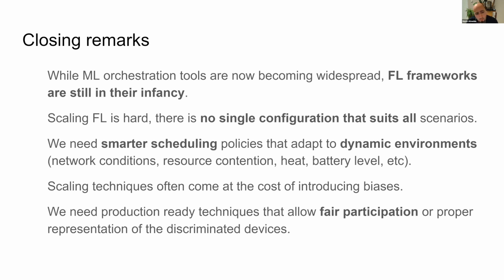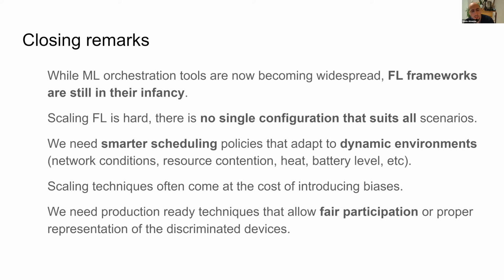And here we're talking about network conditions, resource contention, heat, battery capacity, and so on. Then also, we've seen that many of these scaling techniques often come at the cost of introducing biases.